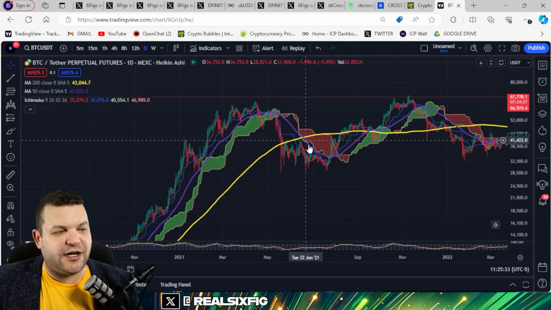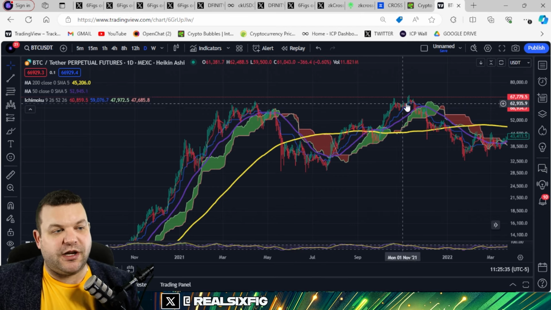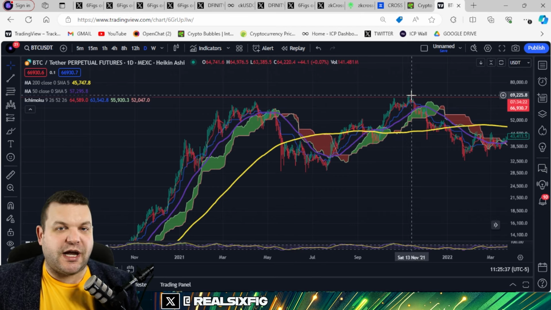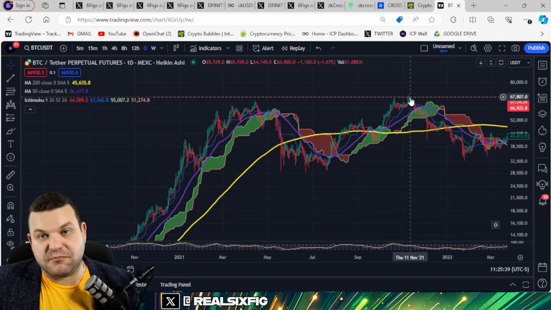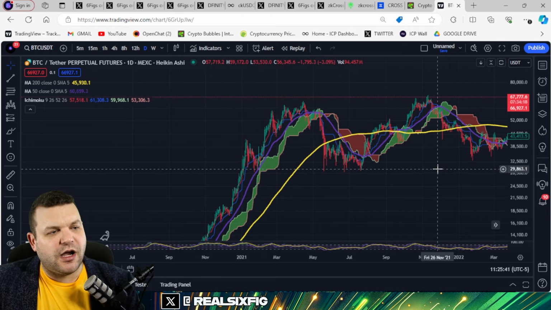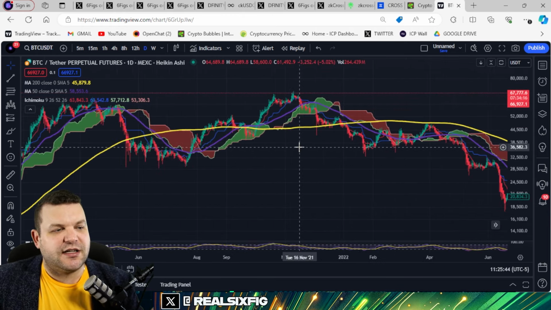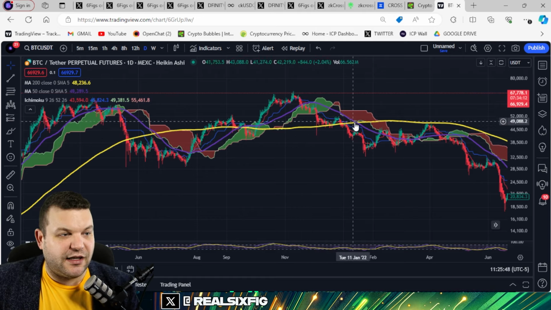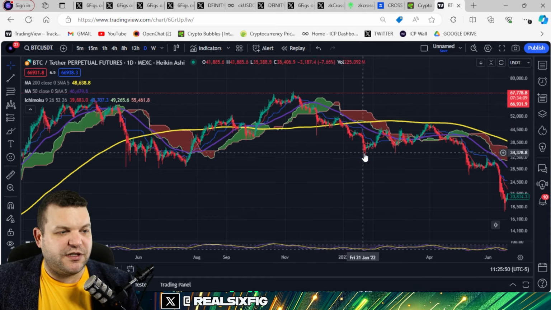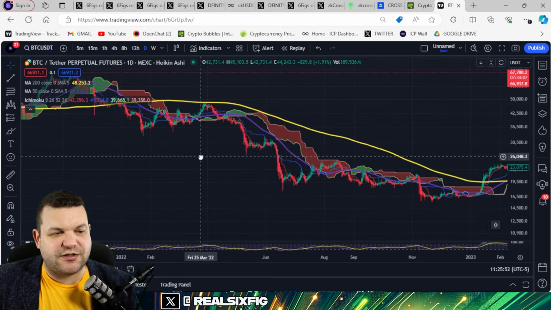Within a day or two, that marked the bottom, and it was a reversal all the way back up to all-time highs back in 2021. So just because something is death crossing doesn't mean it's actually a bad thing. Here's another death cross. Within a couple days, we saw the bottom and we saw a nice reversal.